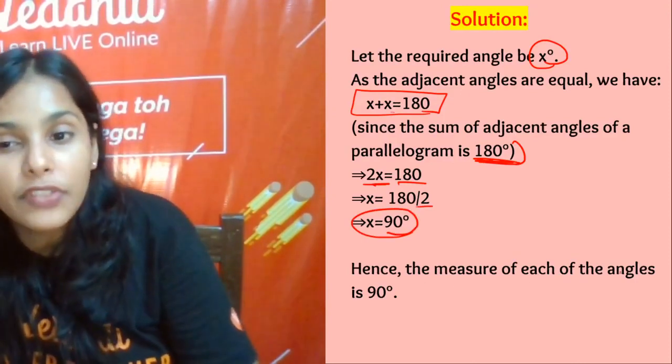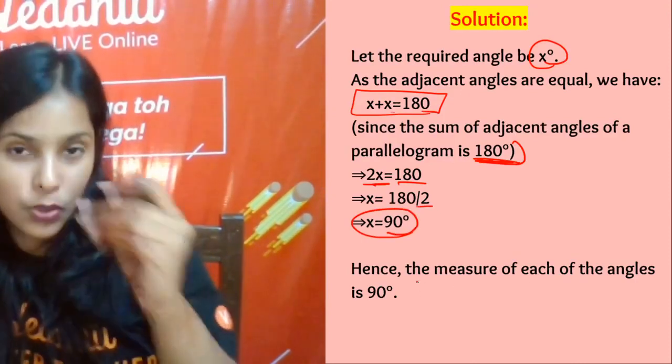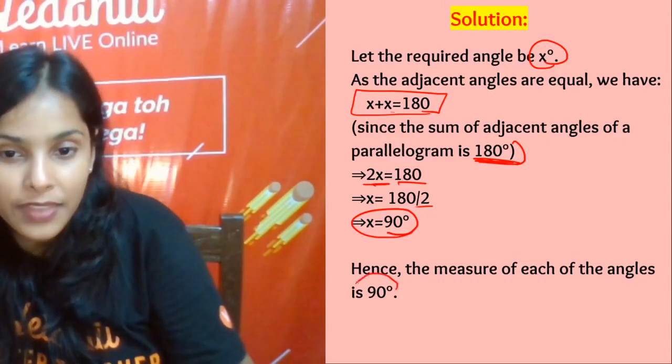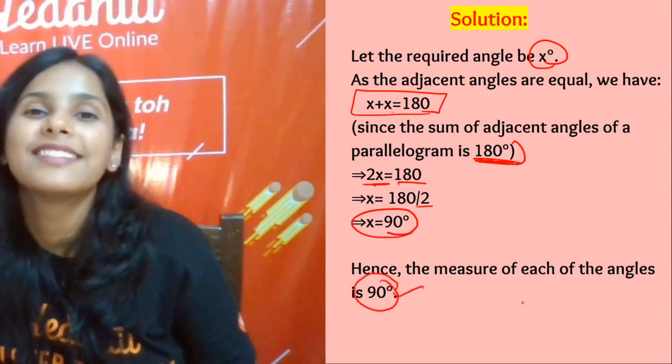Hence the measure of each angle of this quadrilateral will be equal to 90 degrees.